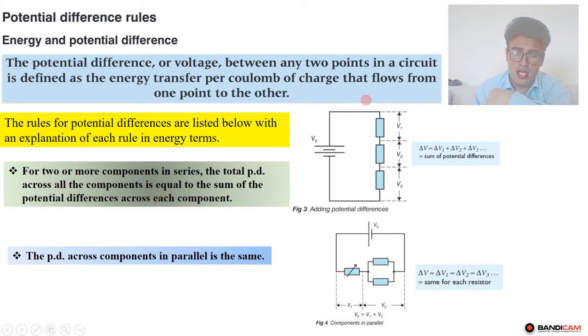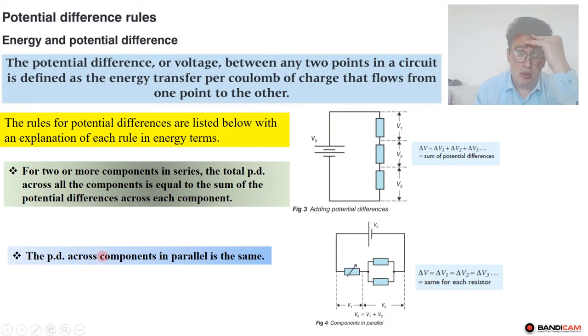To find the total potential difference of this circuit, delta V is equal to the potential difference across this component, plus the potential difference across this one, plus the potential difference across this one. That's why we say the summation. It means we add the potential difference of each component. Delta V is equal to delta V1 plus delta V2 plus delta V3.